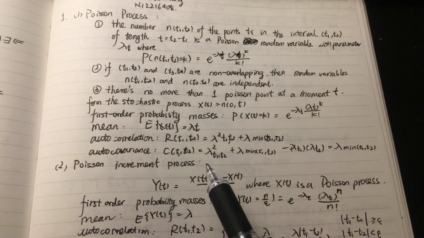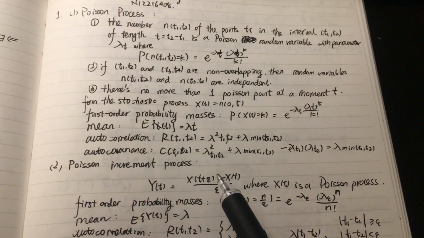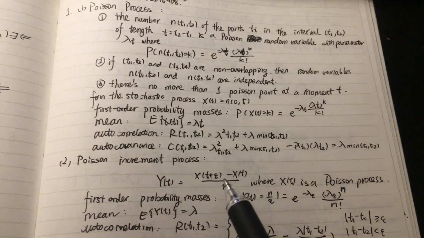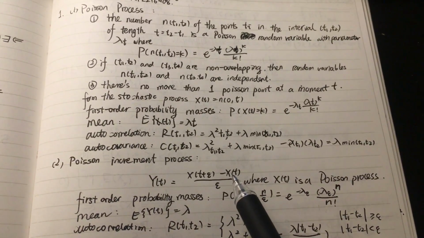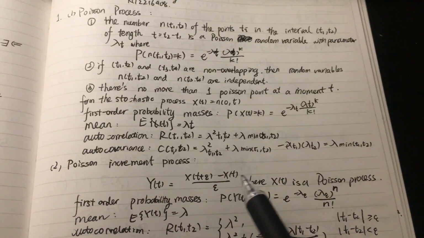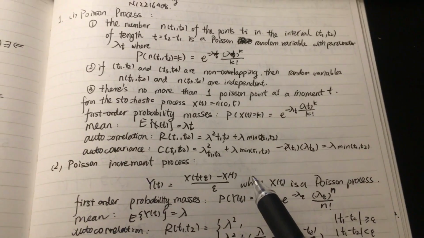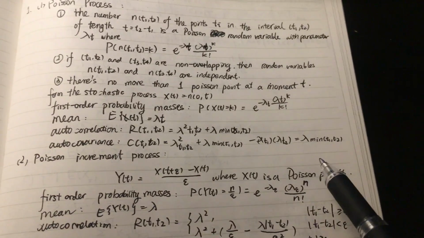Its autocorrelation is R(t1, t2) equal to lambda squared t1 t2 plus lambda times the minimum of t1 and t2. Its autocovariance is C(t1, t2) equal to lambda squared t1 t2 plus lambda times the minimum of t1 and t2 minus lambda t1 times lambda t2, and it should be equal to lambda times the minimum of t1 and t2.